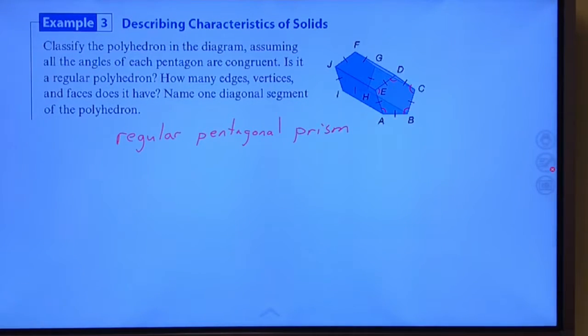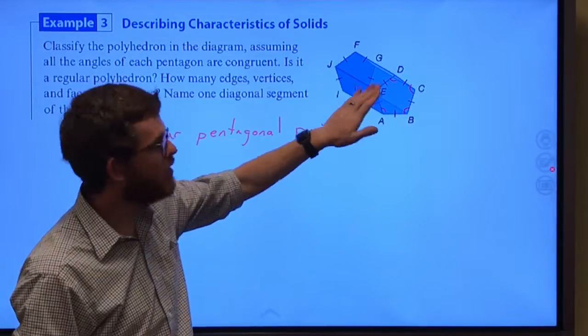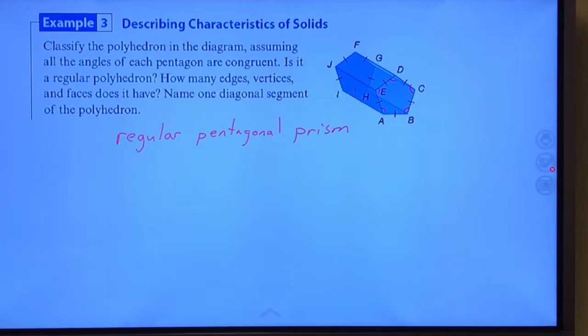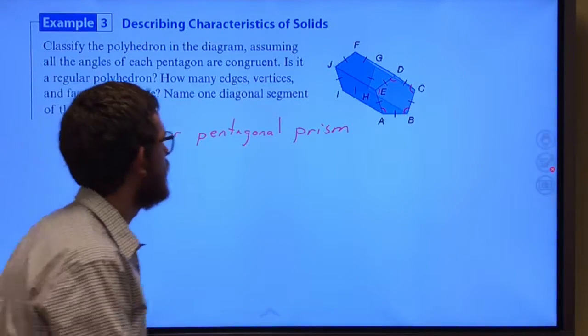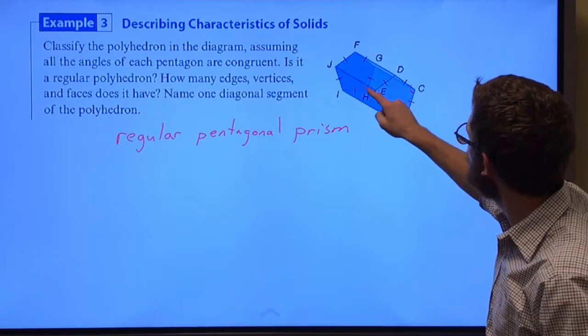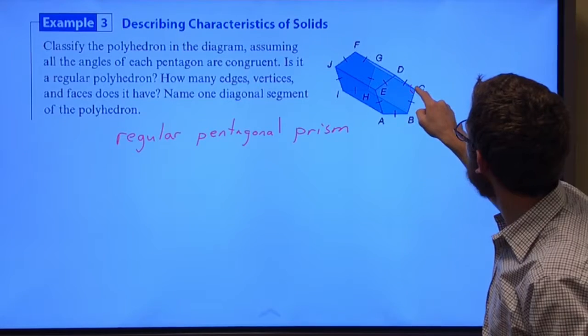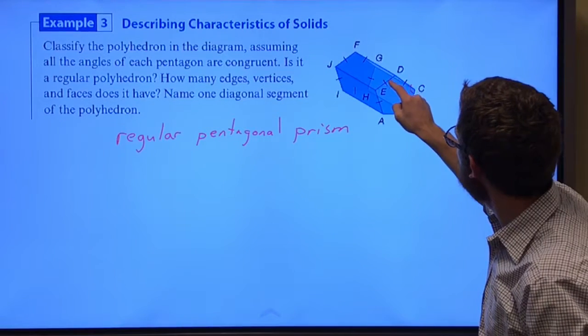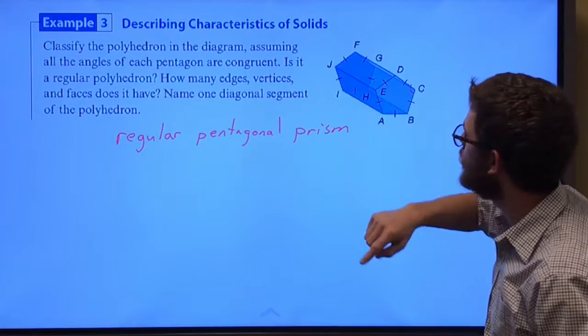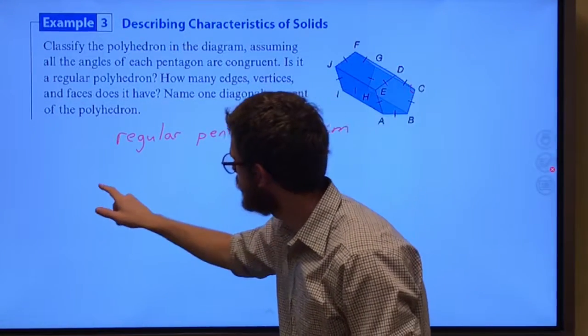It's not going to be a regular polyhedron because the bases are not the same as the faces. How many edges, vertices, and faces does it have? Well, let's go with edges first. 1, 2, 3, 4, 5, 6, 7, 8, 9, 10, 11, 12, 13, 14, 15. There are 15 edges.